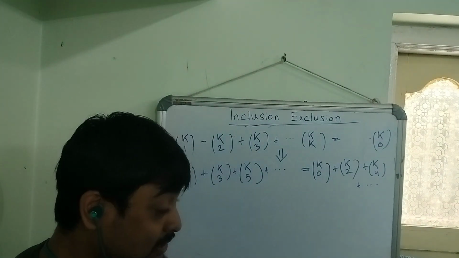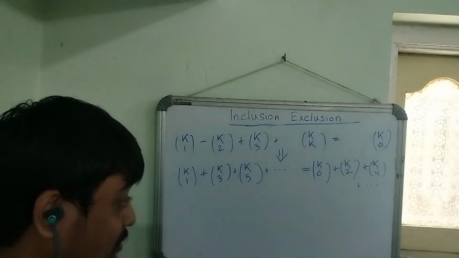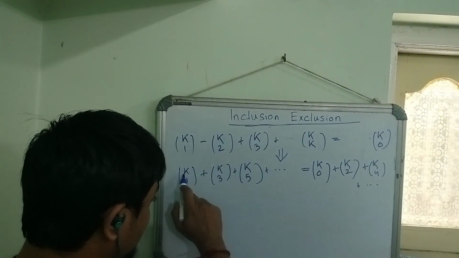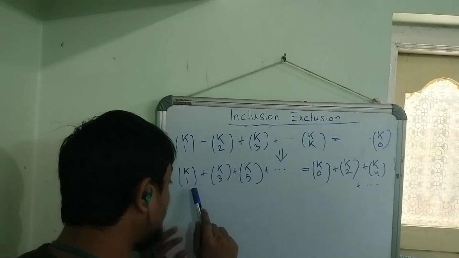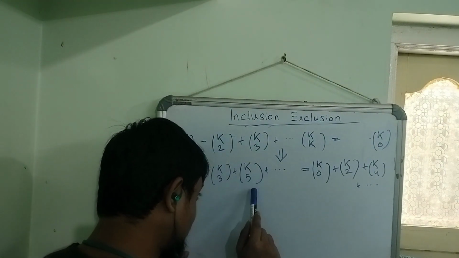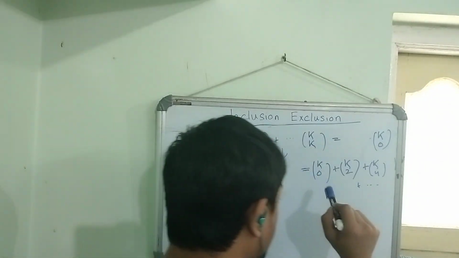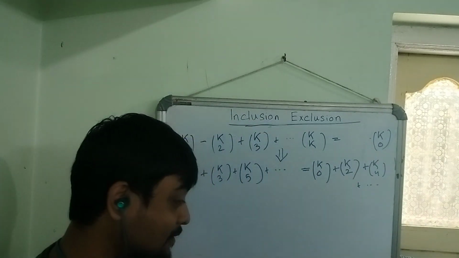So what is this equation telling? No matter what the value of k is, the number of ways we can choose an odd number of elements from a finite collection is the same as the number of ways we can choose an even number of elements from the same finite collection.